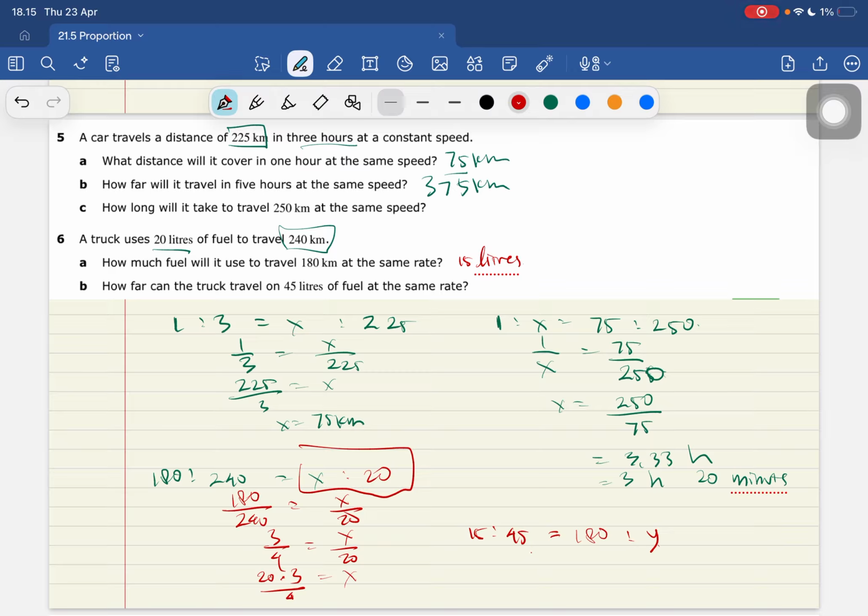We can make the ratio 15 over 45 equal to 180 over y. Simplify it, it's going to be 1 over 3 equal to 180 over y. So y equals 180 multiplied by 3, and we get the answer of 540 kilometers. Okay, I will continue for the next part.